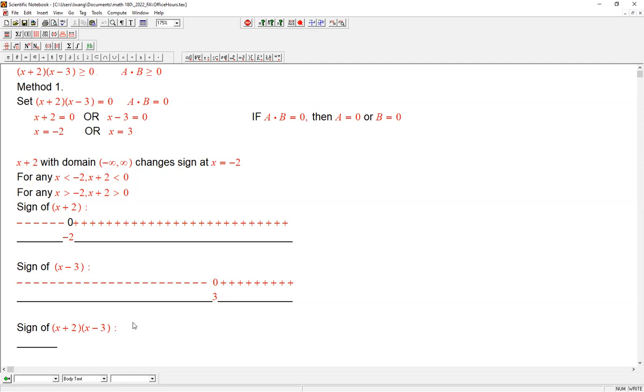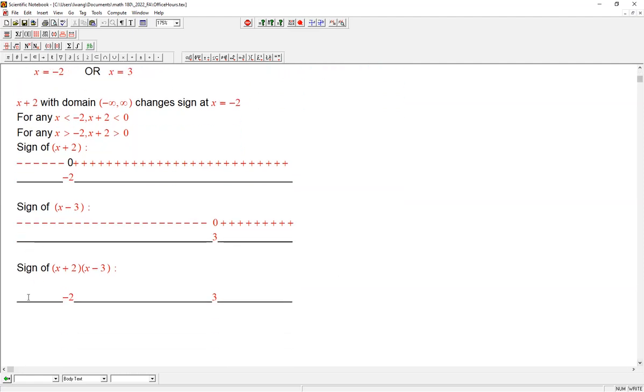So on this number line, first we have negative 2, then positive 3, and the number line continues. When we pick any number less than negative 2 and plug it into the product, we have a negative number from X plus 2 and a negative number from X minus 3. So negative times negative is going to be positive.